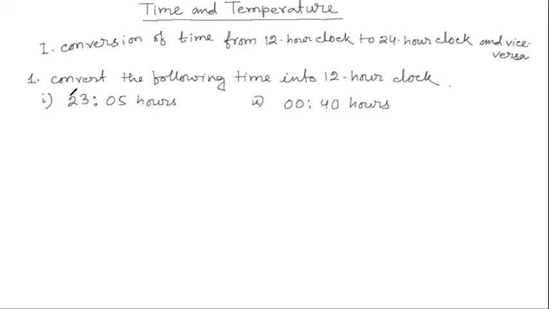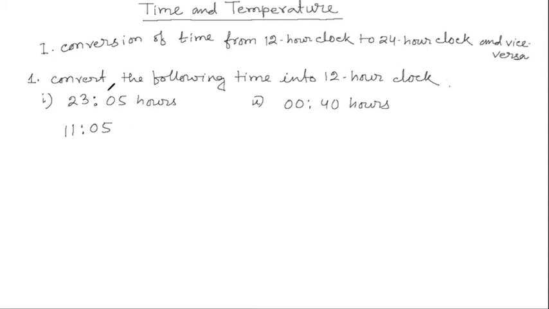That's why we will subtract 12 from 23. If we subtract 12 from 23, we will get 11. The minutes will have no change here, so it will be 05.